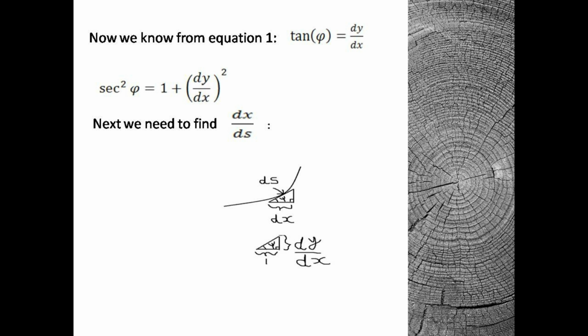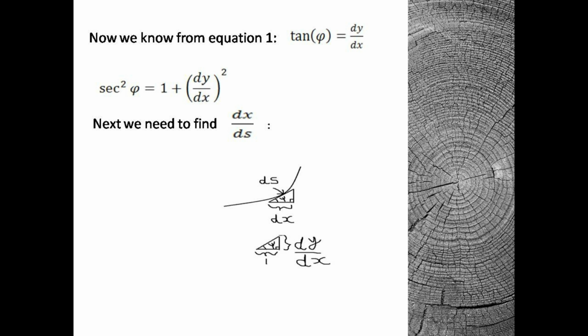To get you an intuition on what this term dx over ds is, I have drawn a curve, and if we move on it by a small distance ds, notice that this also creates a displacement in the x direction. To depict that, I have made a right angle triangle whose hypotenuse denotes the small movement along the curve, that is ds, and the other two sides show the displacement in the x and y direction.